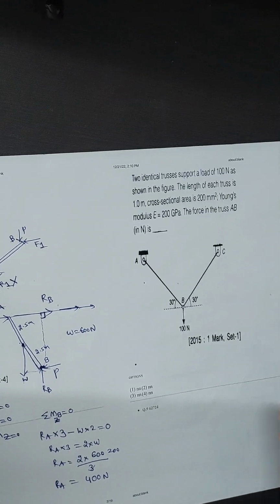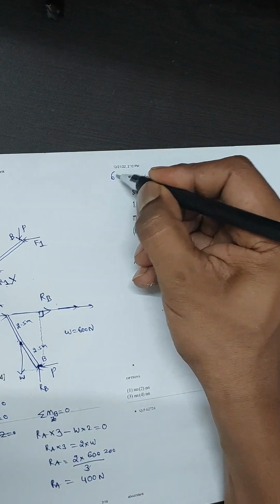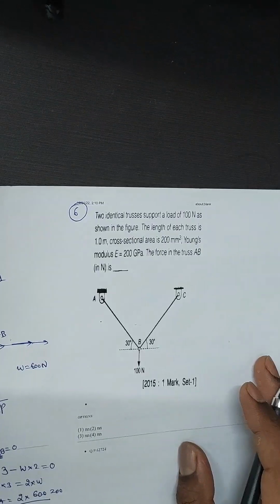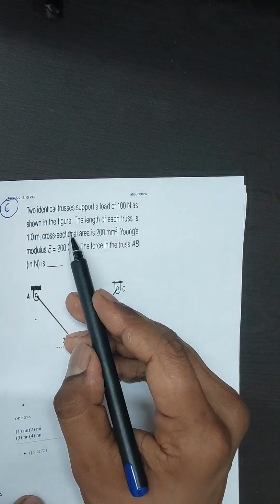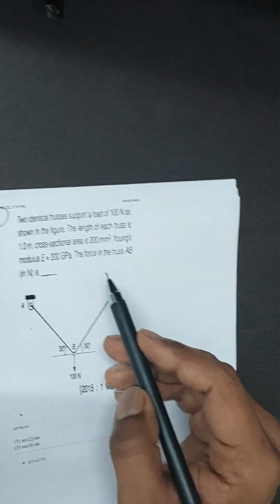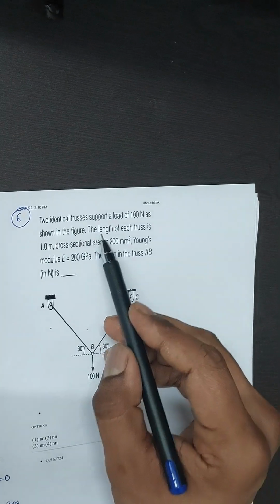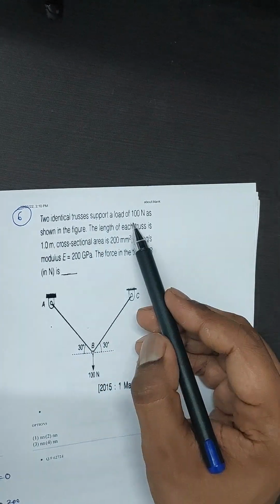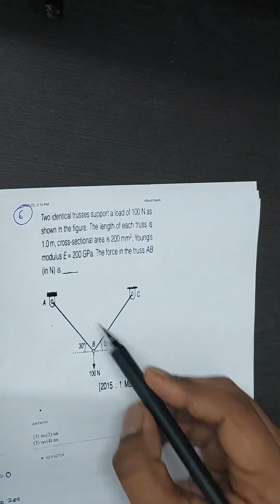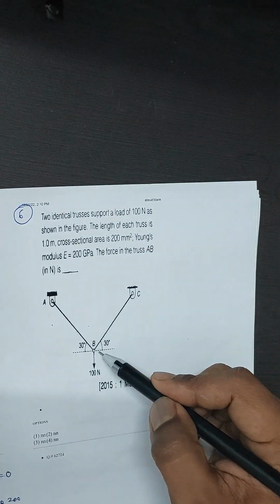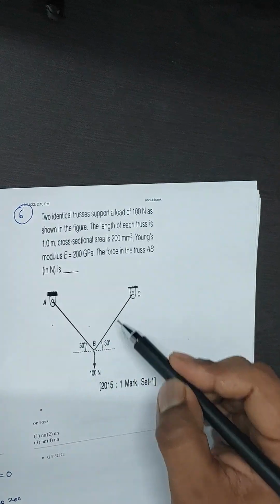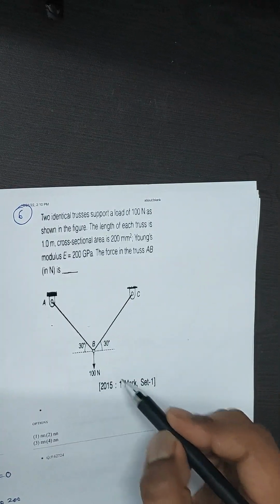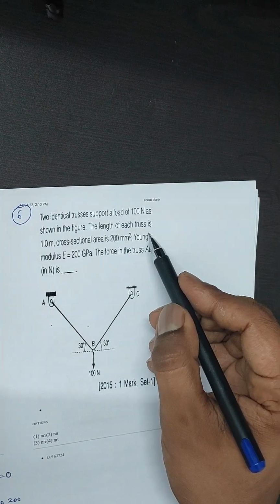Okay, let's go to question number 6. What is it asking? Two identical trusses support a load of 100 Newton as shown in the figure. That means there are two trusses AB and BC supporting the load of 100 Newton. The length of each truss is 1 meter.